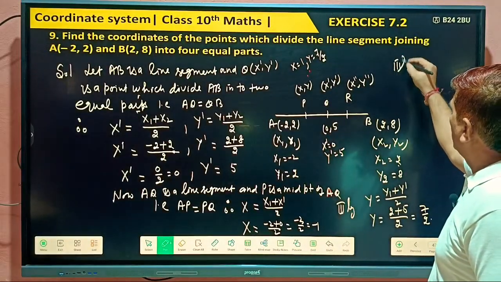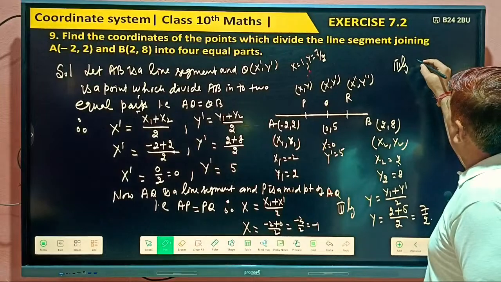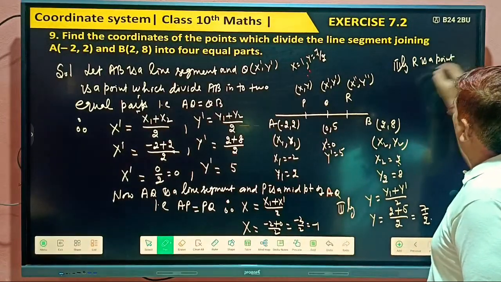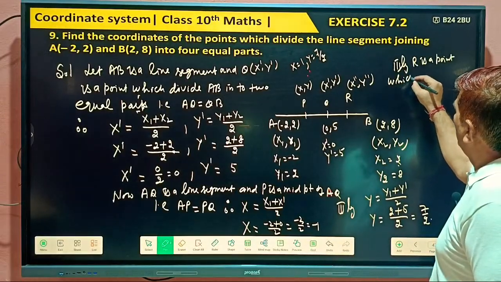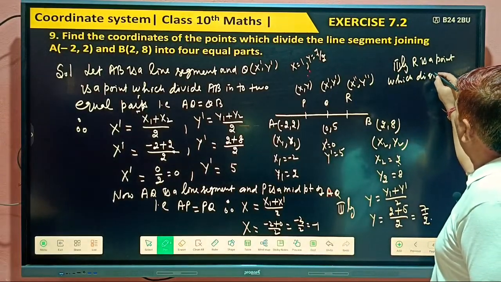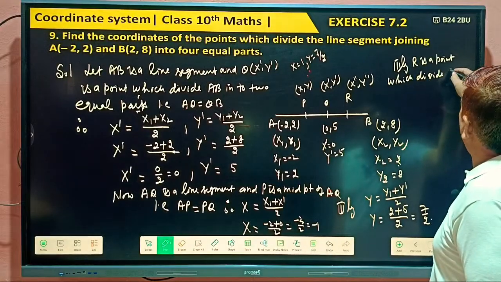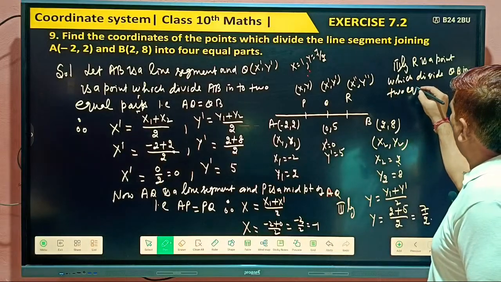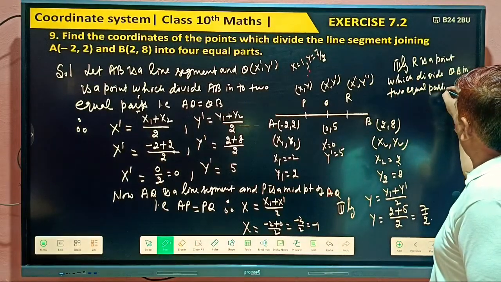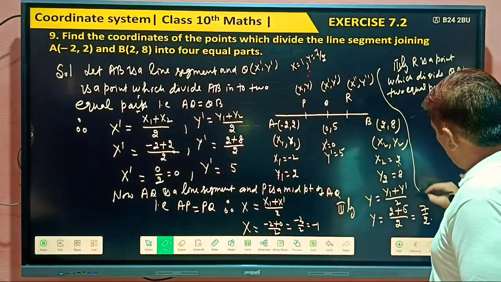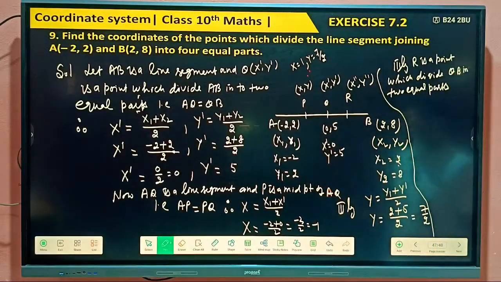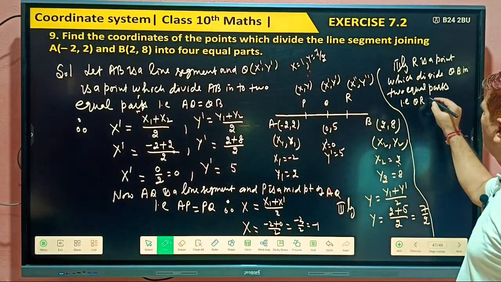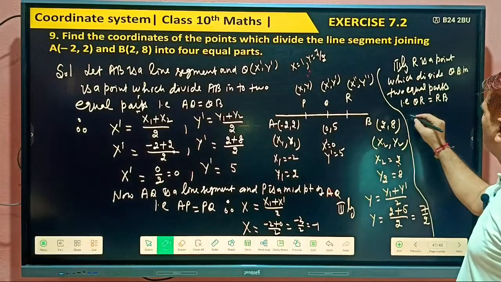Similarly, R is a point which divides QB into two equal parts. That is, QR equal to RB.